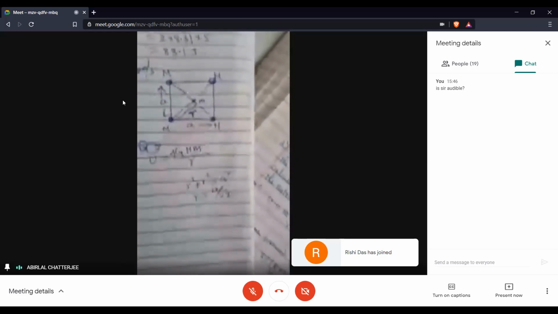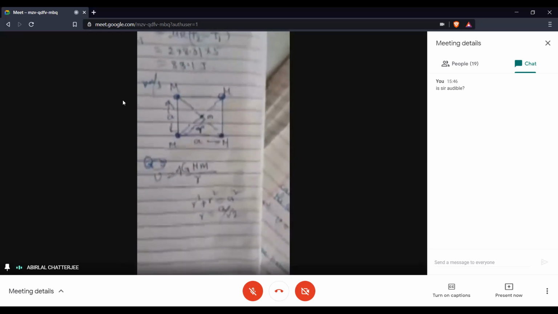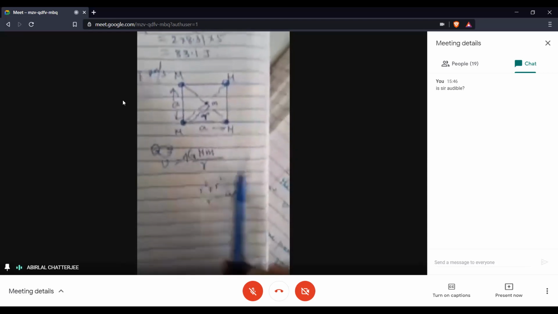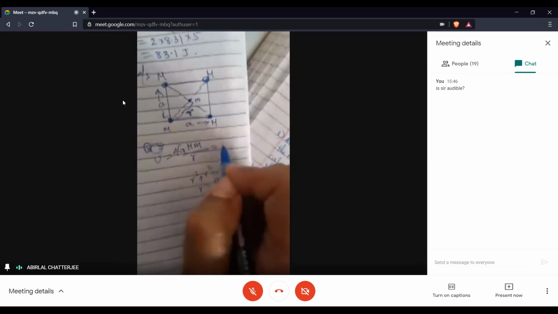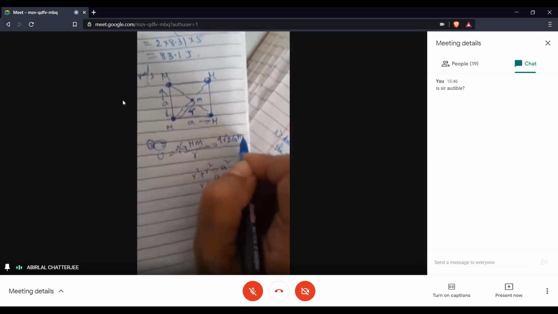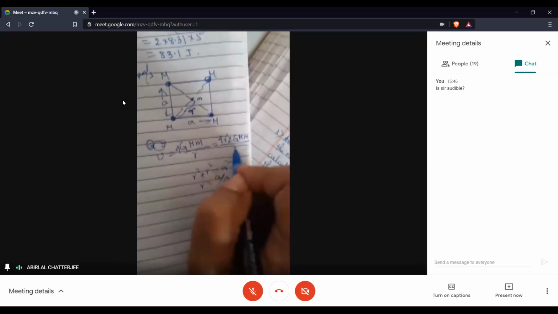Actually the diagonal is root 2 A, and half of the diagonal is root 2 A by 2, which means A by root 2. So you can replace it over here, and that equals 4 root 2 capital G, capital M, small m by A.